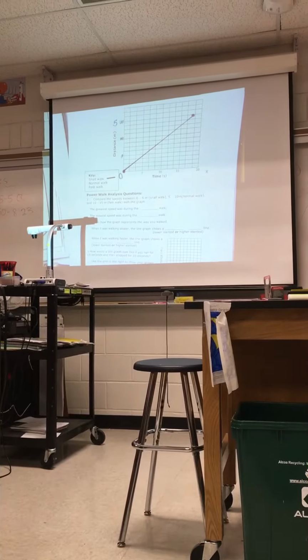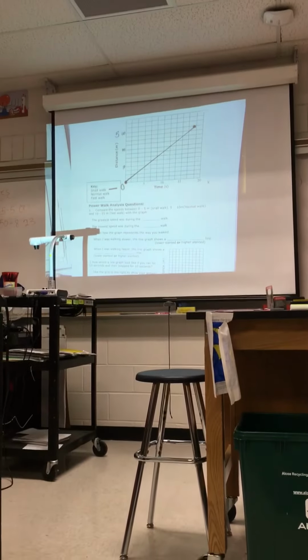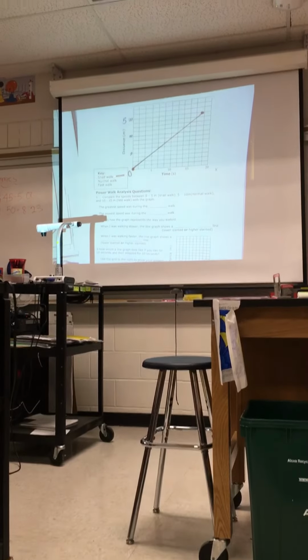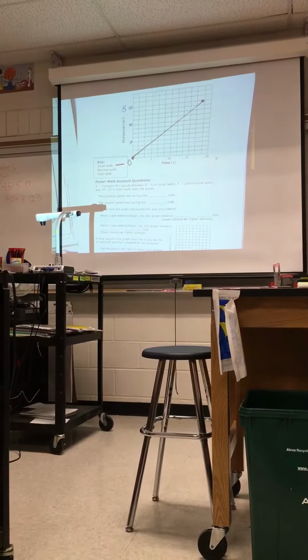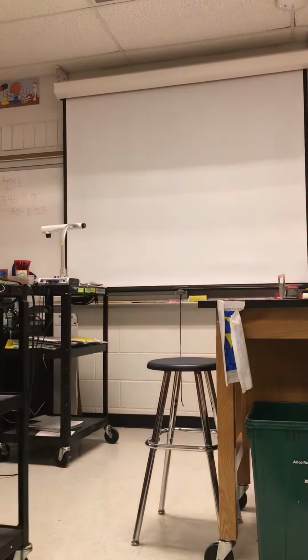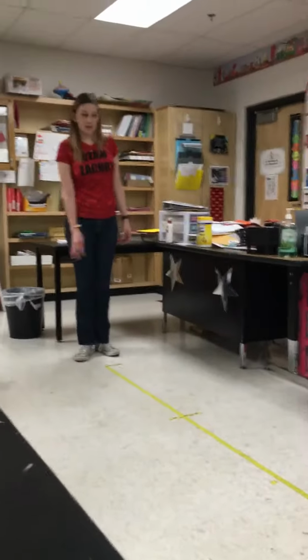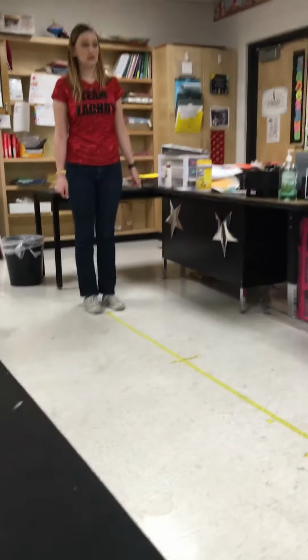Once you're done with that, go ahead and flip back to the front. And we're gonna do the next 2 walks. So the next one is a normal walk. I'm just gonna walk my normal speed. Same kind of thing again. I start behind 0. My time is 0.